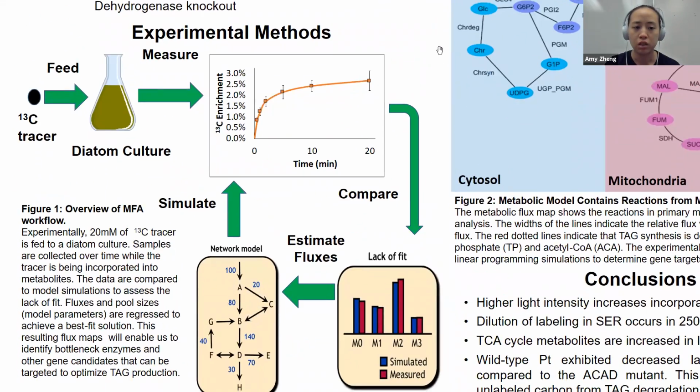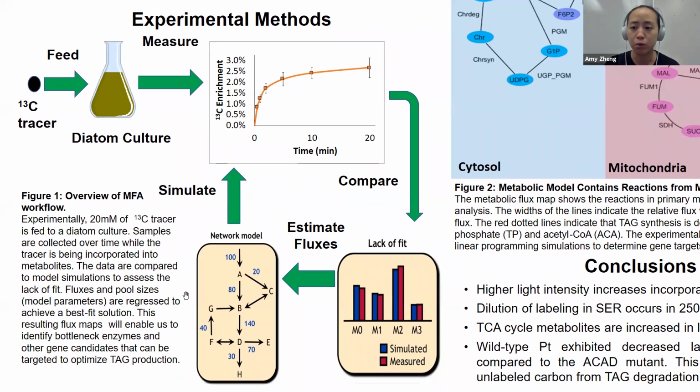So the experimental procedure for isotope labeling study is to add a tracer into the diatom culture, which in our case is labeled sodium bicarbonate, and you measure the enrichment over time. And then you can compare that to a network model. So this network model contains all of the reactions that we are interested in.